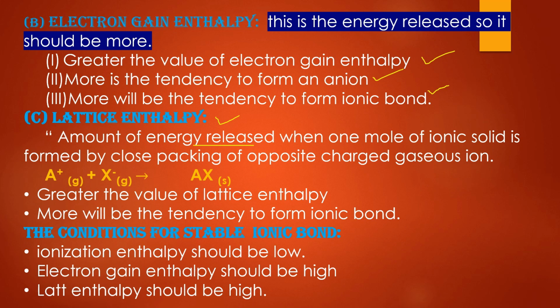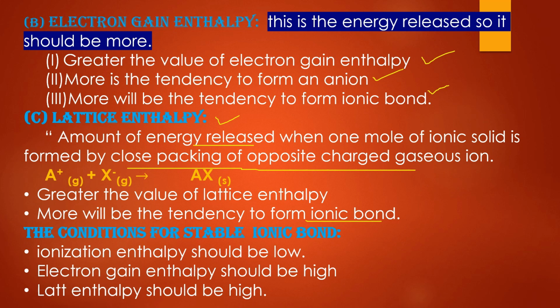The amount of energy released when 1 mole of ionic solid is formed by close packed oppositely charged ions is called lattice enthalpy. So the energy is released in this process, hence this lattice enthalpy should be high. This is A plus and X minus converted into AX, and the energy released is called lattice enthalpy, and the greater the value of lattice enthalpy, the more is the tendency to form ionic bond.